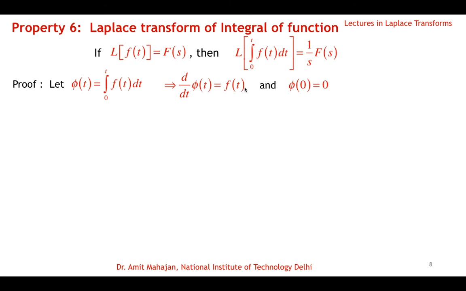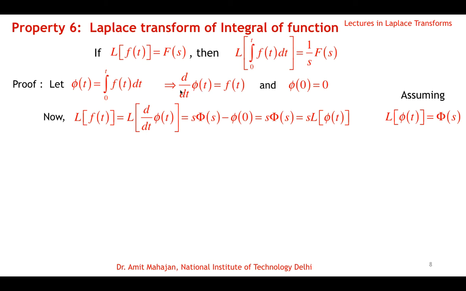Let us take the Laplace of this equation on both sides. So Laplace of f(t), which is F(s), and Laplace of the derivative, and we know the rule for Laplace of derivative. Assume that Laplace of phi(t) is Phi(s). So this is the symbol for Laplace of phi(t).